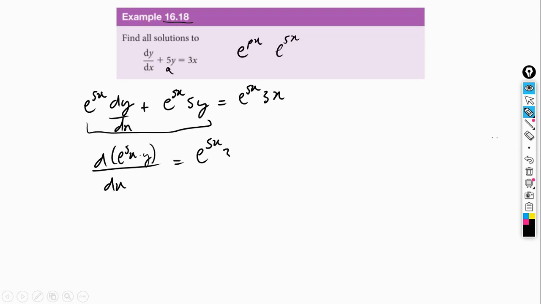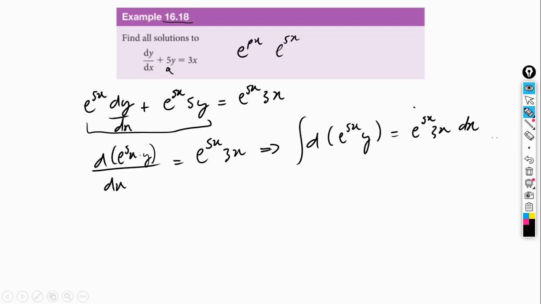But then we can rearrange, and we're going to get the derivative of e to the power of 5x times y is equal to e to the power of 5x times 3x dx. Now we can integrate both sides.